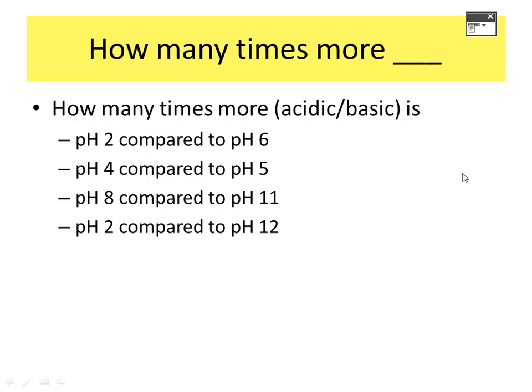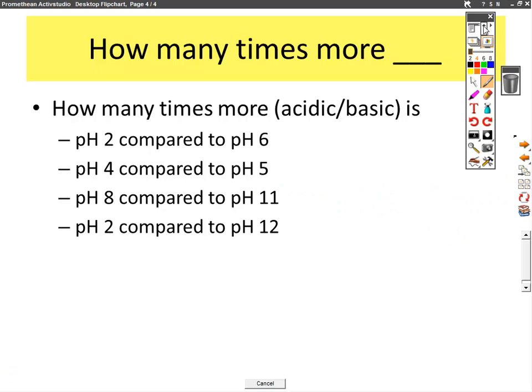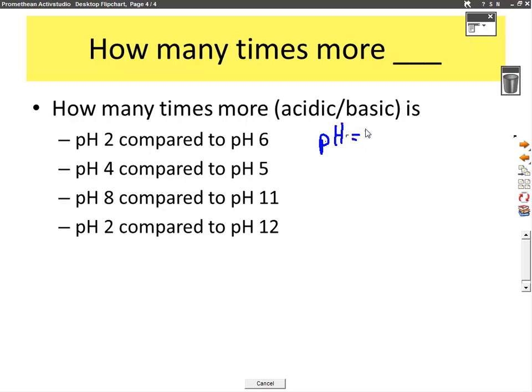So let's figure this out. How many times more acidic is pH 2 compared to pH 6? We're going to look at this scale. Remember, it's a logarithmic scale. Which one's more acidic, pH 2 or pH 6? pH 2 is more acidic.